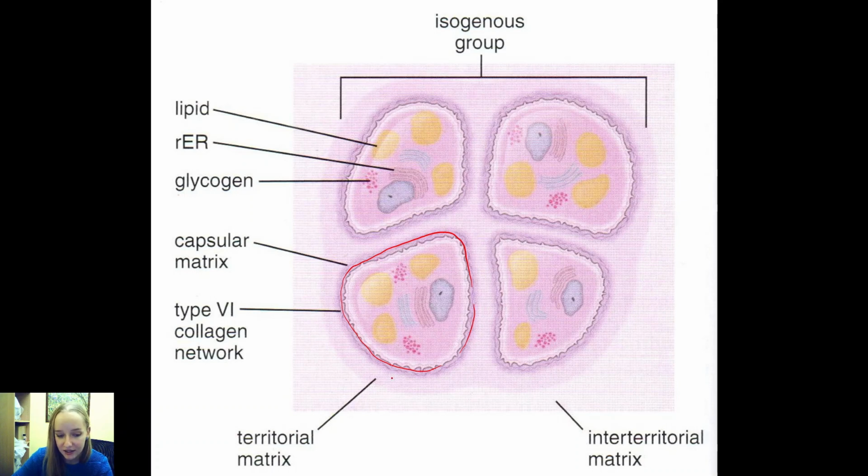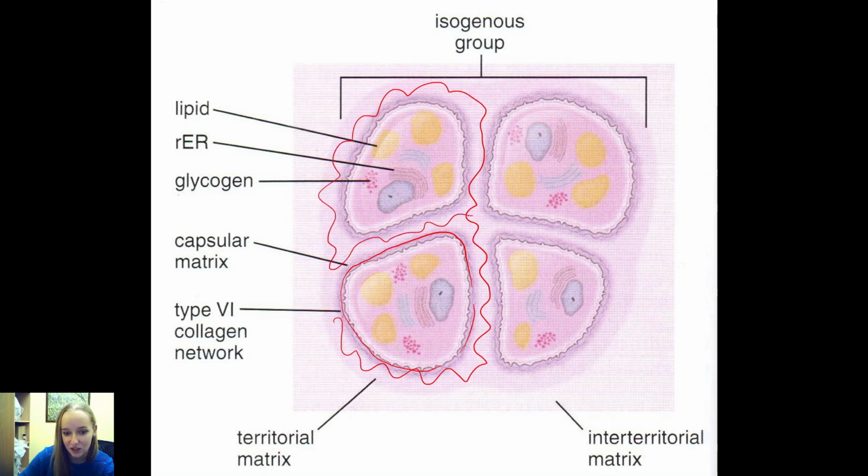And right next to these basophilic capsules, yeah, right next to these chondrocytes that are forming isogenous groups, we have this matrix. And because it's in the territory of these cells, it's called territorial matrix right here.